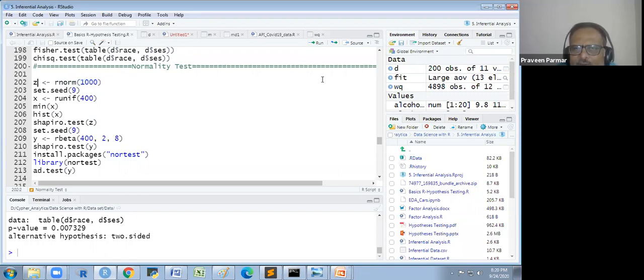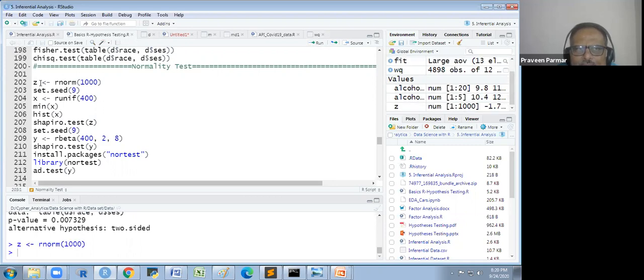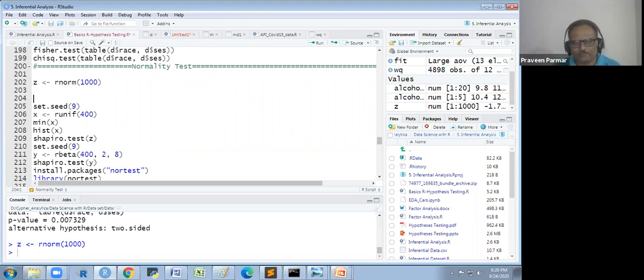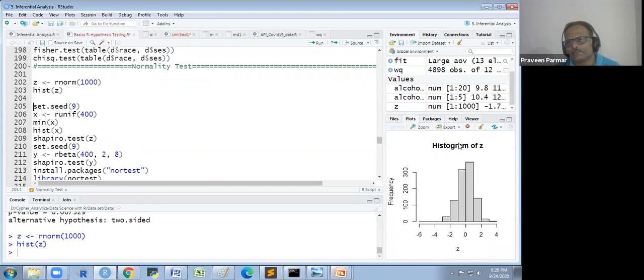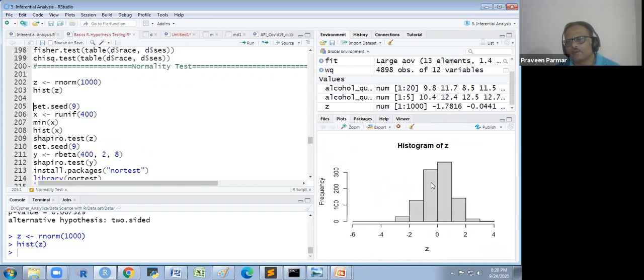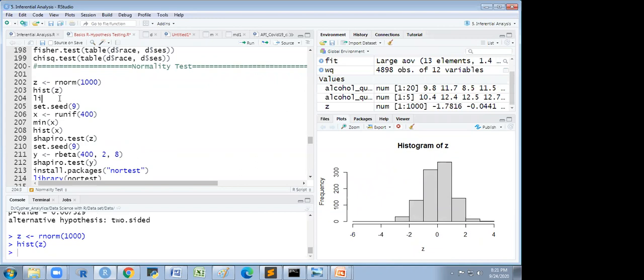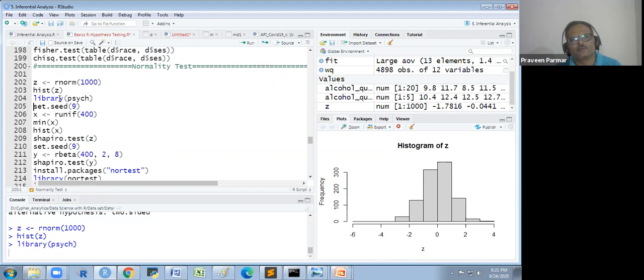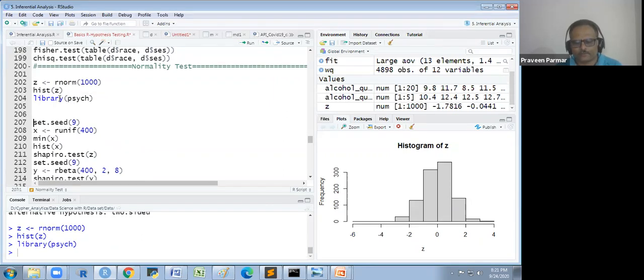So I have given it the name Z. If I show you the graph of this histogram, you see it. It is normal. I will show you the skewness of this, I just run the library.